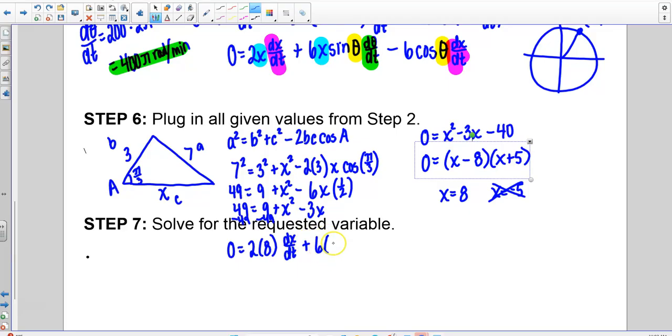Plus 6 times 8 times sine of pi over 3. D theta dt was 400 pi minus 6 cosine of pi over 3 dx dt.